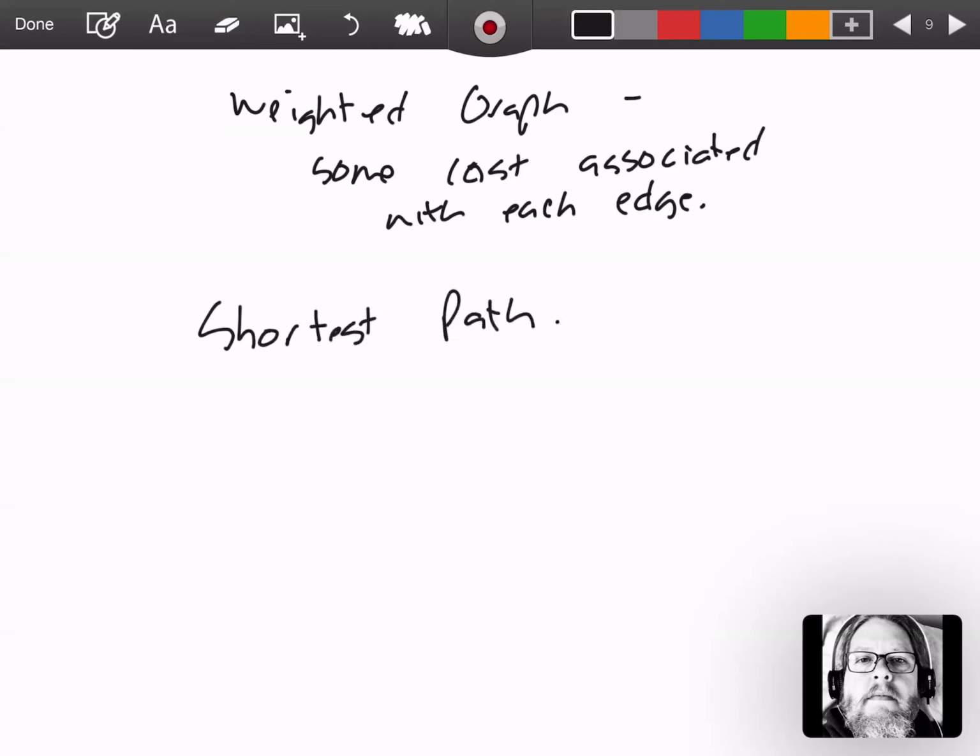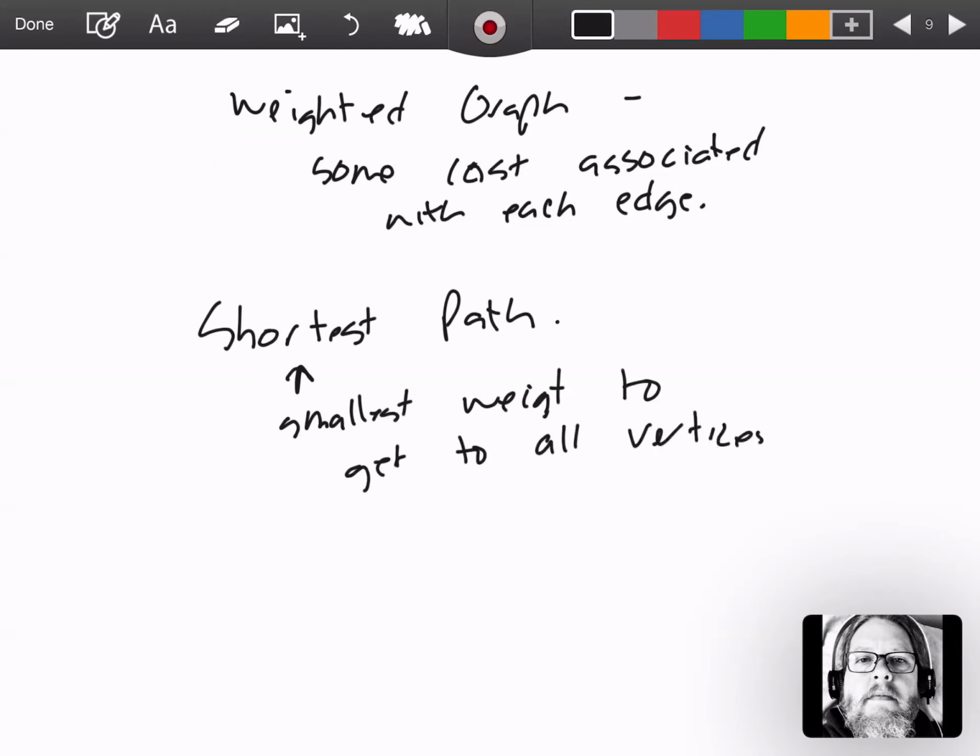Or the smallest weight to get to all the vertices. And that would assume that you have a connected graph, you can actually get there. The shortest path turns out to be a pretty important factor going forward, especially in networking.